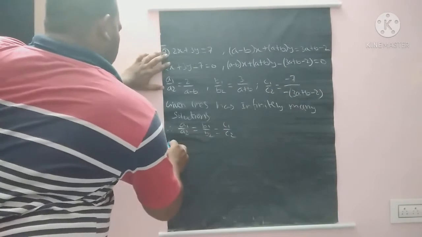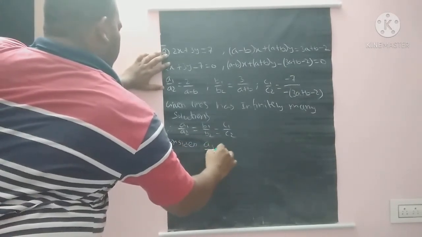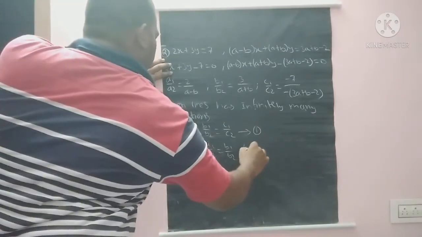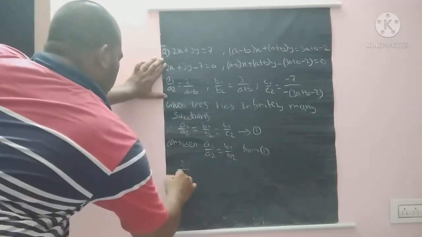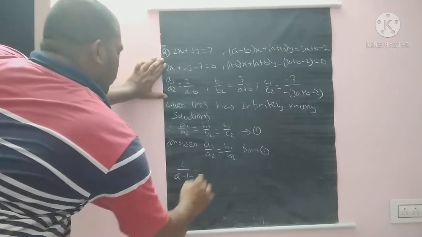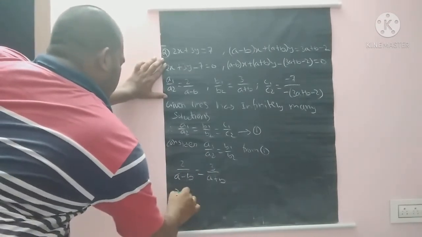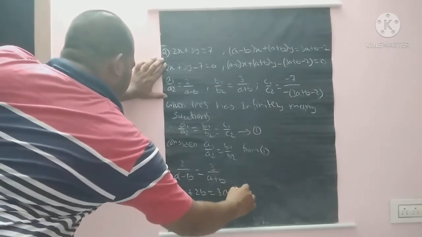So now consider a1 by a2 is equals to b1 by b2. Let it be equation 1. a1 by a2 means 2 by (a minus b) is equals to 3 by (a plus b). On cross multiplication, 2a plus 2b is equals to 3a minus 3b.